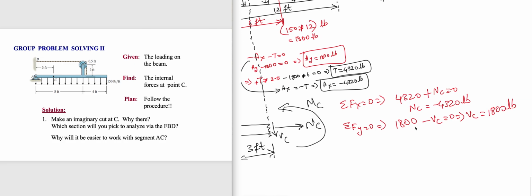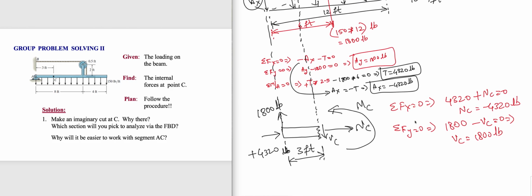So I'm going to write it here, Vc is 1800 pounds. I will erase this part so I can fit that in the screen. Yeah, Vc is 1800 pounds.